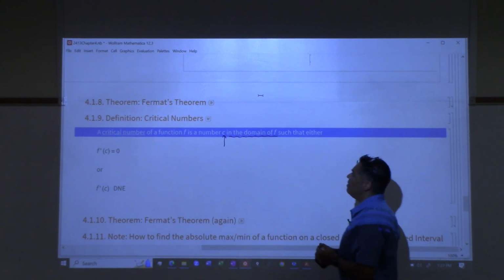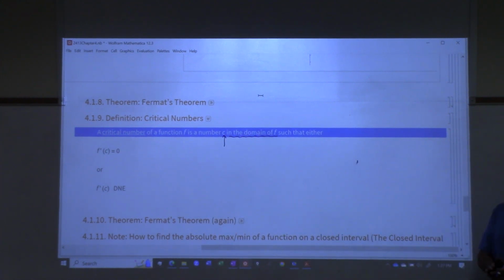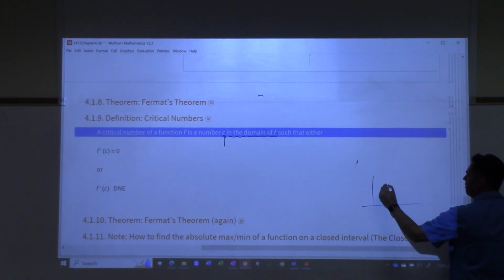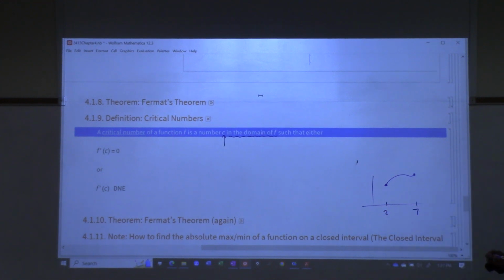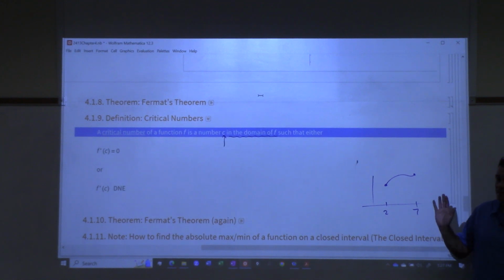It has to be in the domain of the function itself, all right? So if I have, for example, a function that's only defined between, let's say, 2 and 7, you could never get an answer where you tell me that the critical number is 10, because the domain of this is between 2 and 7, all right?